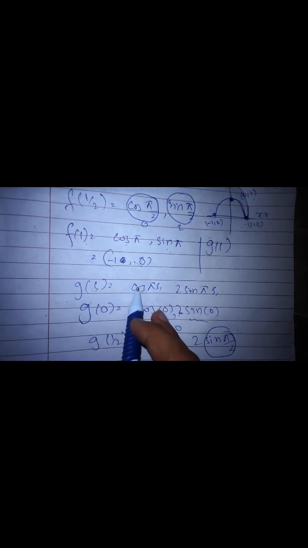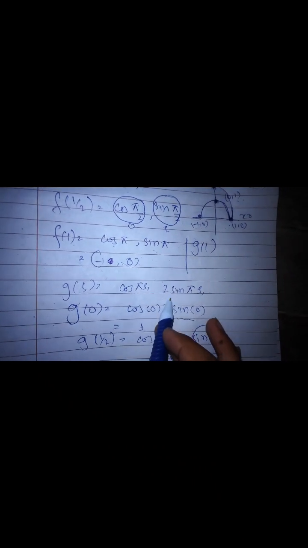If we substitute g of 1, s is equal to 1, we get (cos pi, 2 sin pi). Cos pi is minus 1 and sin pi is 0, and 0 into 2 is 0. So we get (minus 1, 0), again the terminal point.